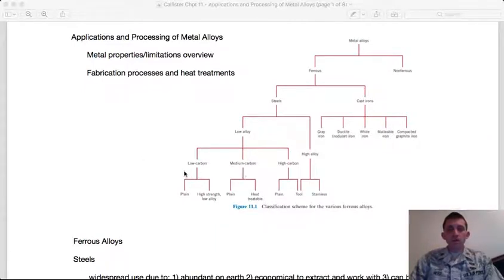High is relative; we're still talking about less than 2%. And then within each of those, you have the plain version of the steel, which is basically just iron and carbon, and then you have other alloys where you're adding in additional elements to make them more heat treatable or resist corrosion.